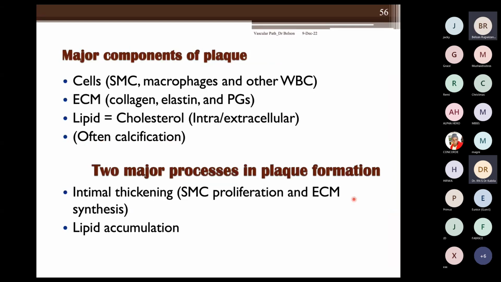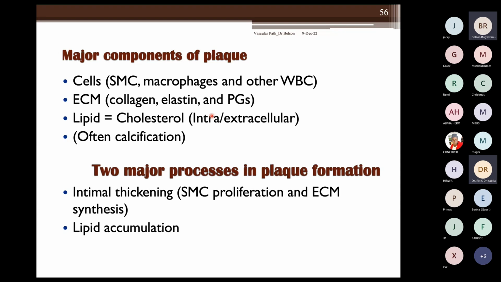So the major components of the plaque are cells such as smooth muscle cells, macrophages, and other white blood cells. There is an extracellular matrix: collagen, elastin, proteoglycans, and lipids such as cholesterol, which can be intracellular, engulfed by the macrophages.